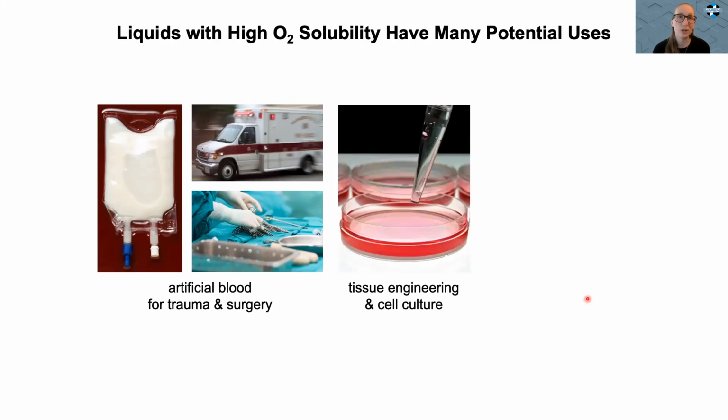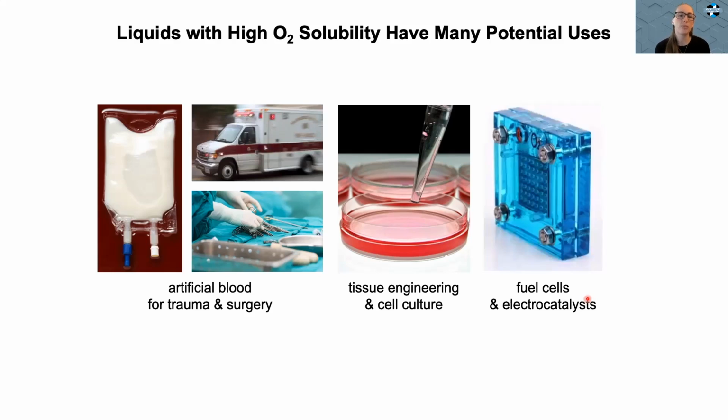Similarly, for tissue engineering and cell culture, it's very important to have a liquid that can deliver a lot of oxygen to develop healthy tissues and good cell culture media. And stepping away from the biological side of things, both fuel cells and electrocatalysts often require oxygen, so having a liquid with a high oxygen solubility would be very powerful for those applications.